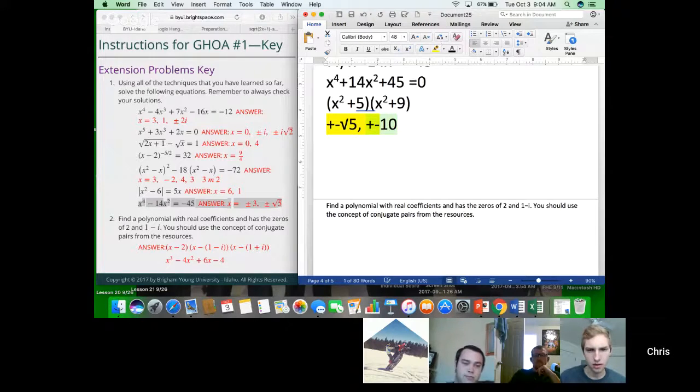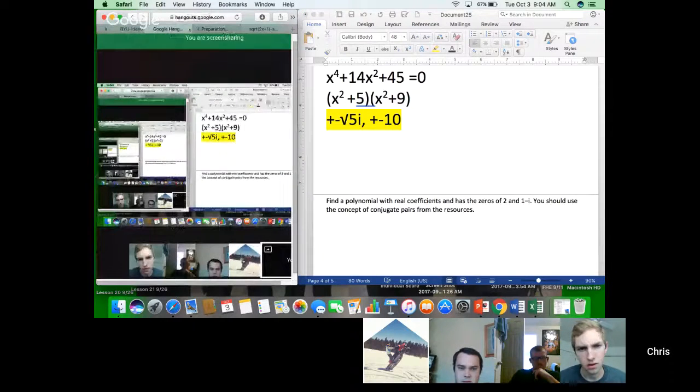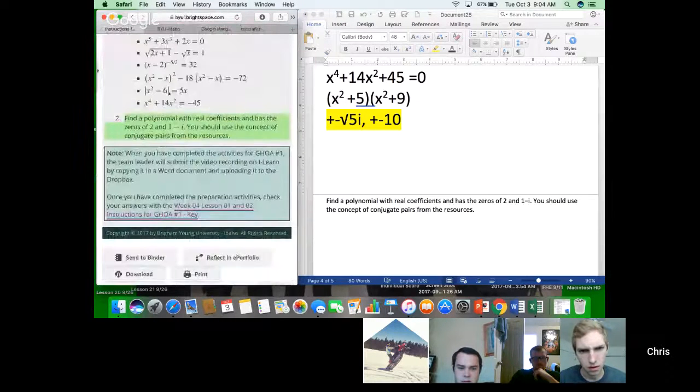So I think we're right with the i's, aren't we? Well, I don't know. Let me see. Okay, if you do the quadratic formula, either way you're still getting the same thing, whether it's plus 14 or minus 14, right?